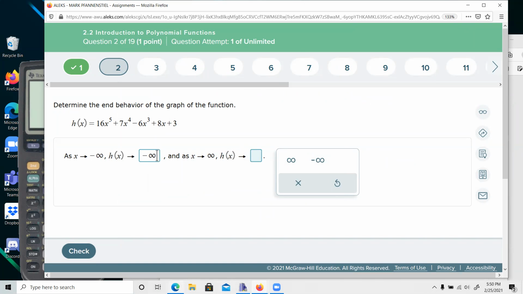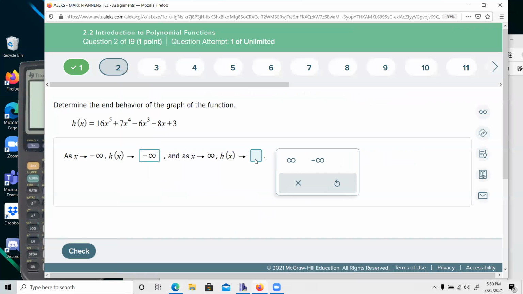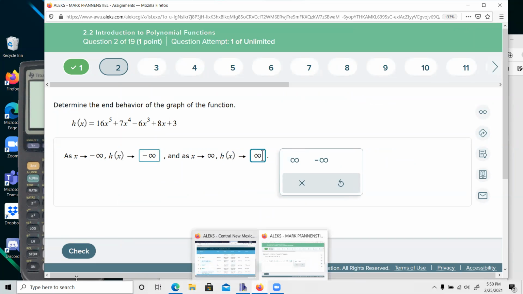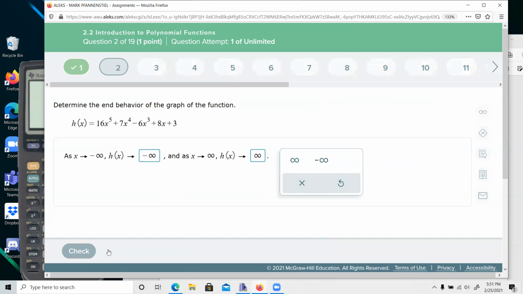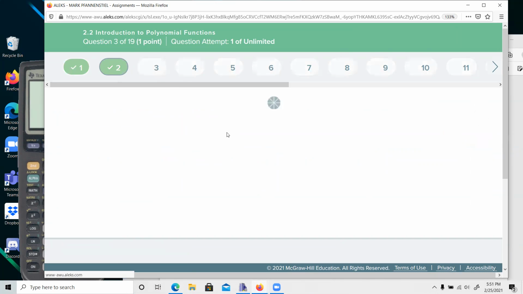And as x tends toward infinity, another way to say it, as x grows without bound, f of x also grows without bound. Some books deal with positive and negative infinity just to make sure that you have the point. You don't have to put positive infinity, and I think this book would probably yell at you if you do. But if handwriting, it's not the worst thing in the world to write that.